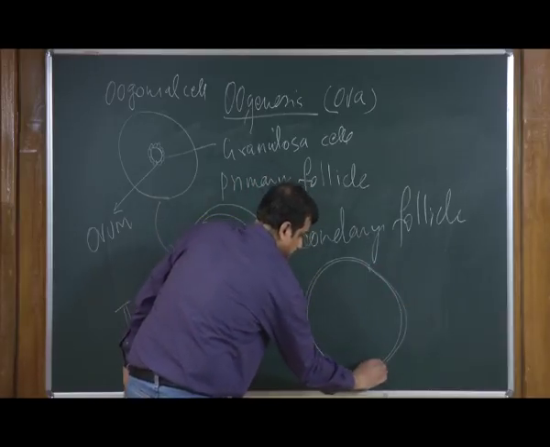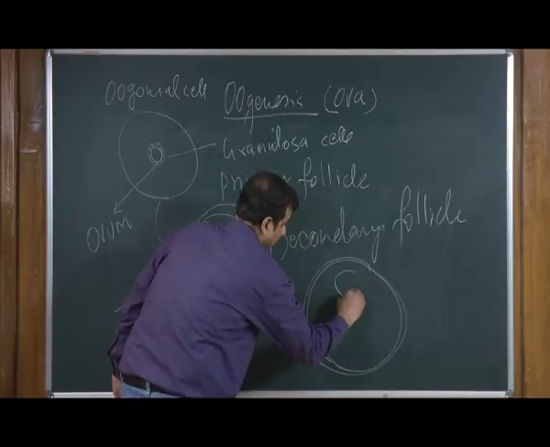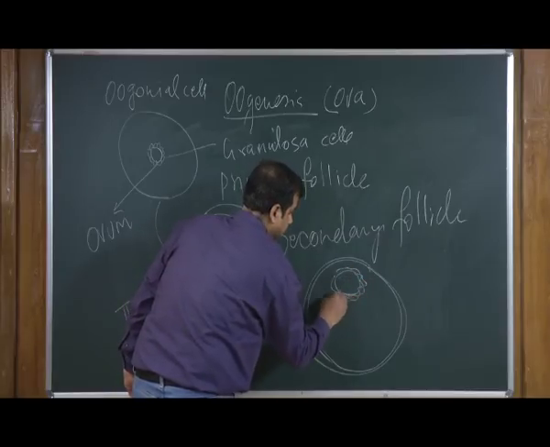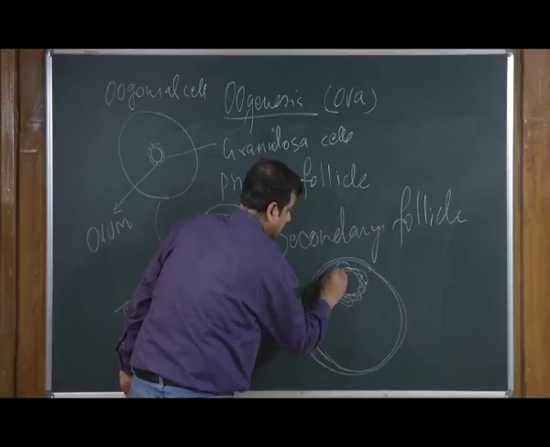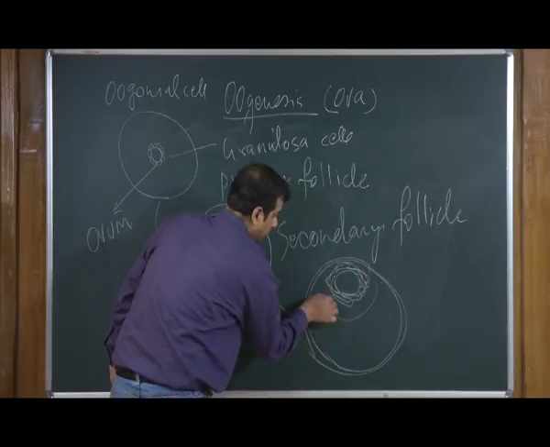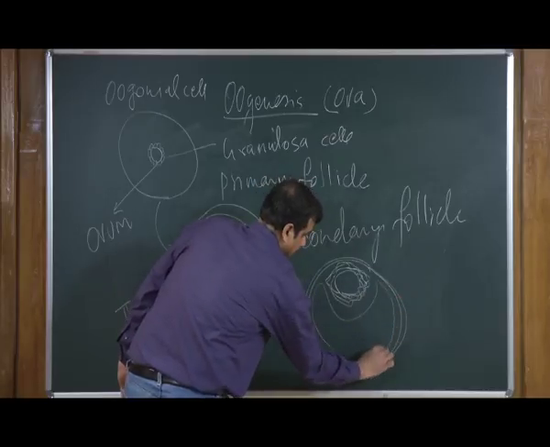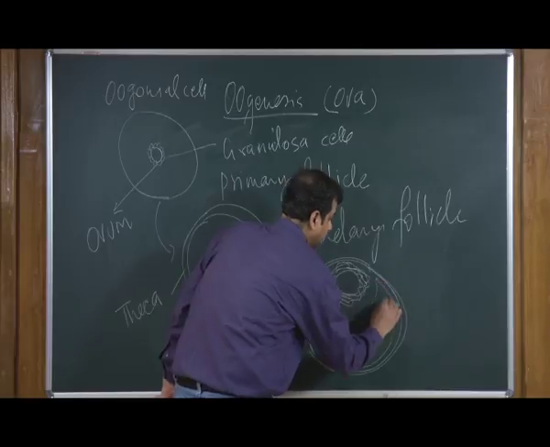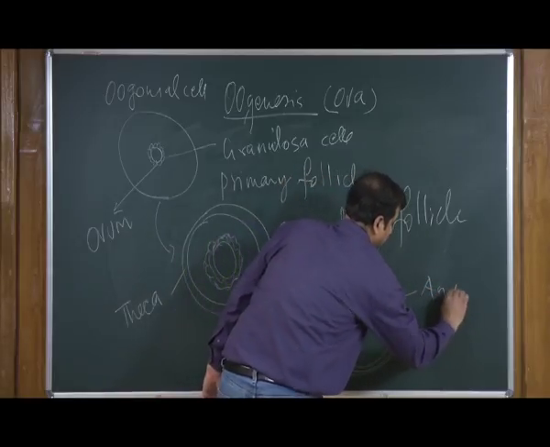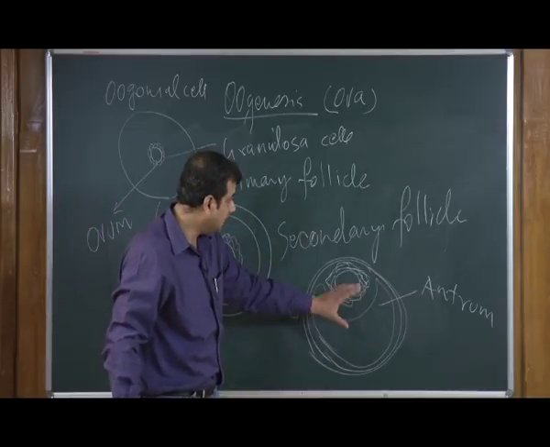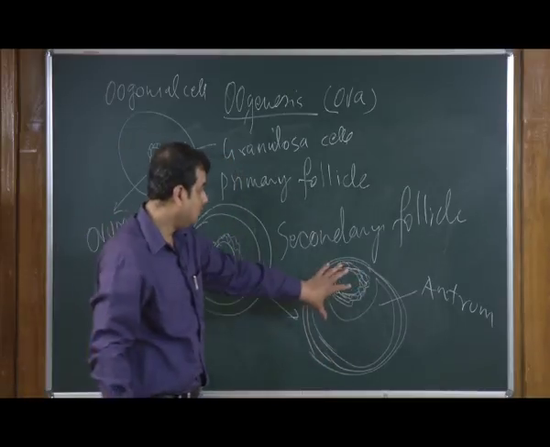There will be a developing ovum surrounded by granulosa cells, and then there will be a fluid filled cavity inside this growing follicle. This fluid filled cavity is called the antrum. So the antrum is a fluid filled cavity containing this growing ovum.